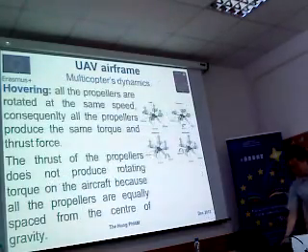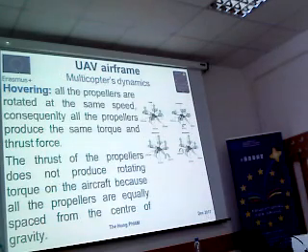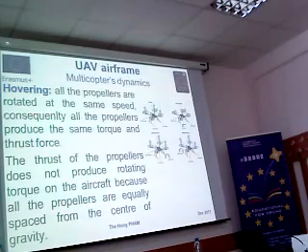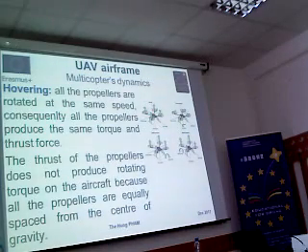So now we will see how the quadcopter moves forward. You can see here, this is the hover condition. This is the roll axis, and this is the pitch axis.